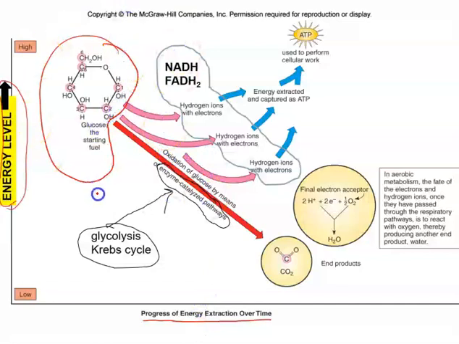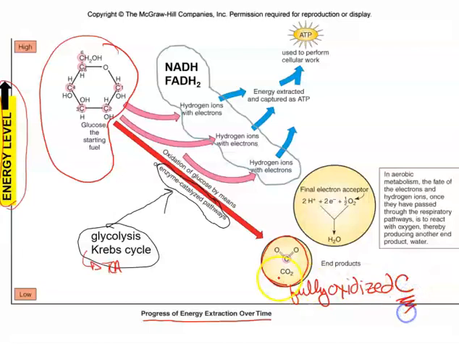So glucose enters into glycolysis and the Krebs cycle, also known as TCA cycle. And here we're going to fully oxidize the carbons in glucose until we end up with fully oxidized carbon, in the form of carbon dioxide.